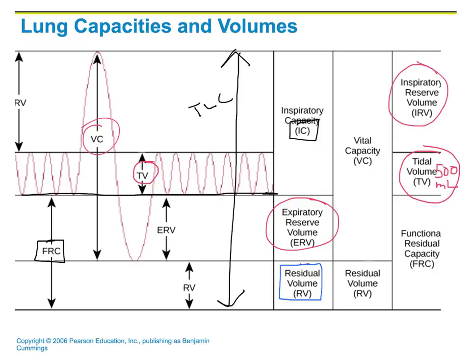So the functional residual capacity is the amount of air that's contained in the lungs after you breathe out on a normal tidal expiration. And the inspiratory capacity is the amount of air it's possible that you can pull into your lungs after a normal tidal expiration. Good luck with that.